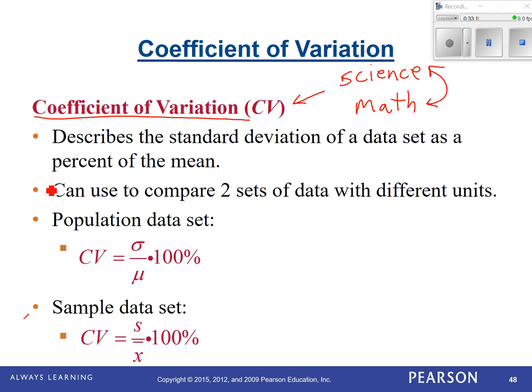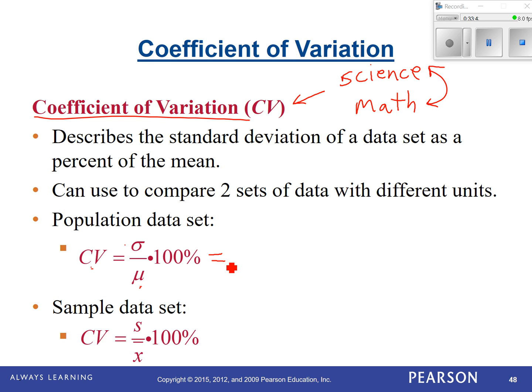So this is the formula that we're going to use if we have a population to find the coefficient of variation. Sigma, that's your standard deviation, divided by the mean, which is mu, times 100%. And that's just going to give you a percentage that we're going to call the coefficient of variation.